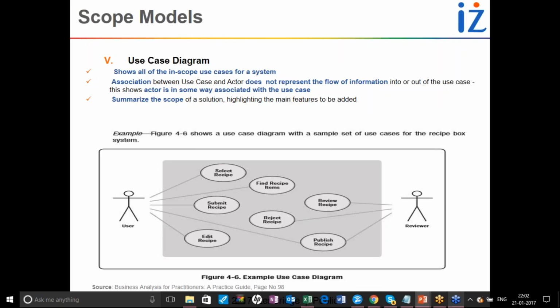Use case diagram: here the objective is to know the top level users and what their top level interactions are. Interactions are always represented by a verb, like a user is selecting the recipe, submitting the recipe, editing the recipe, finding recipe items, rejecting the recipe, reviewing the recipe and publishing the recipe.